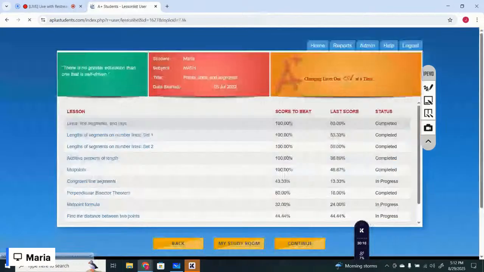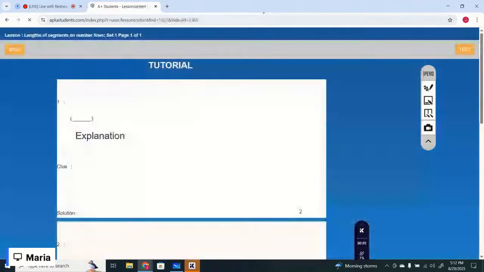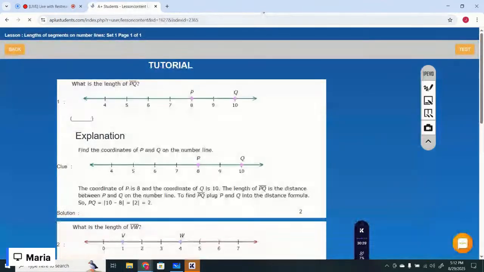The next lesson is lengths on number line. So let's just start with the lesson. What is the length of PQ?